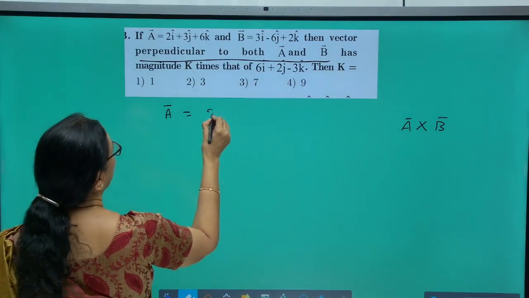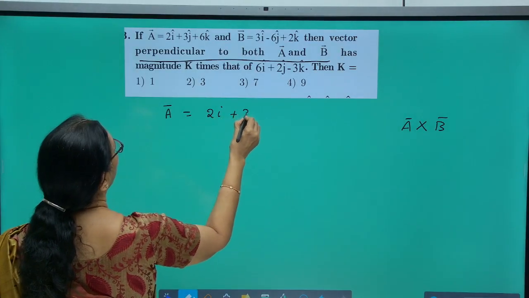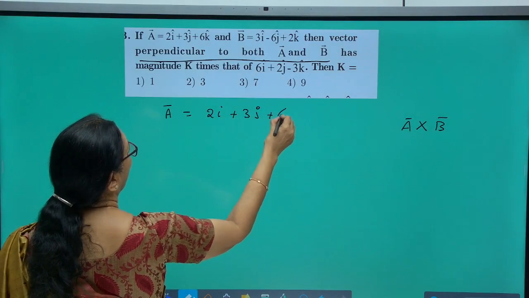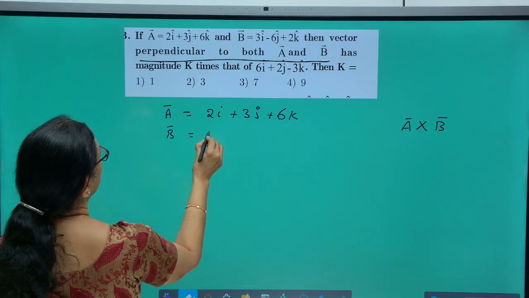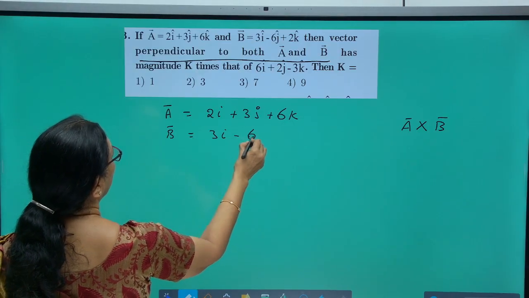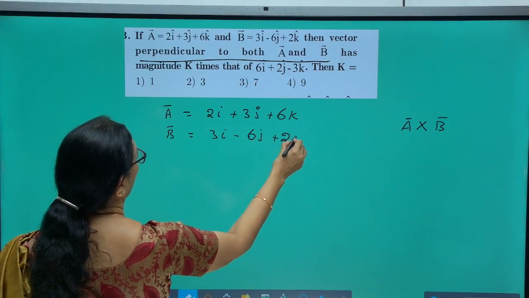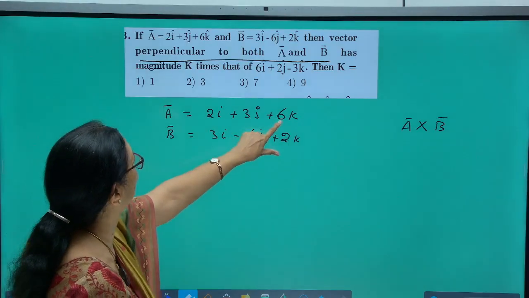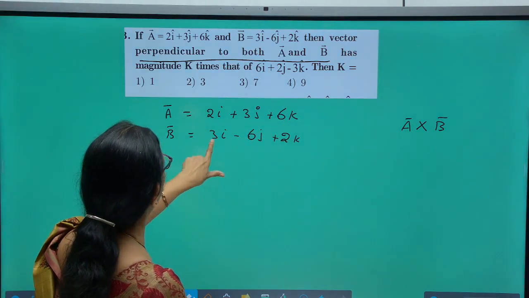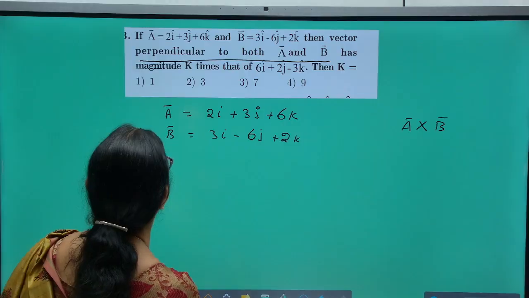A bar is given as 2i plus 3j plus 6k, and B bar is given as 3i minus 6j plus 2k.